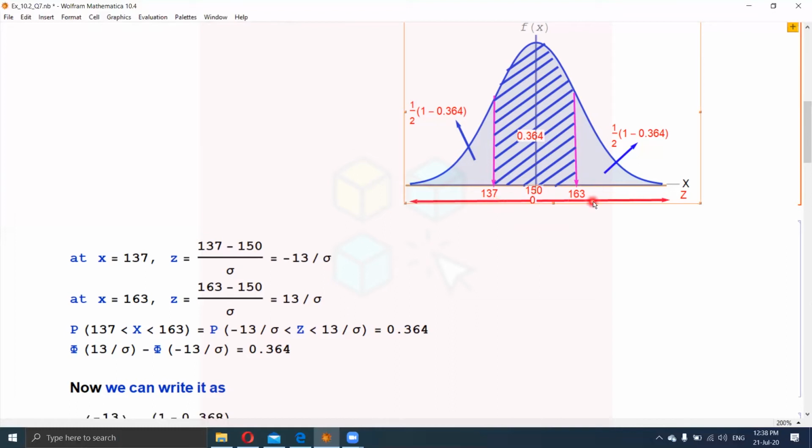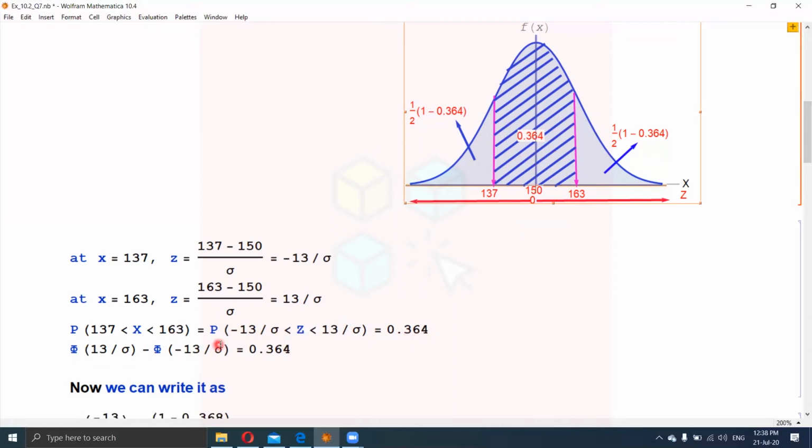Between these 2 points, area is given as 0.364. So we have written it as probability 137 to x 163, and converted into the z, its values are minus 13 by sigma to z up to 13 by sigma, and its probability is given as 0.364.